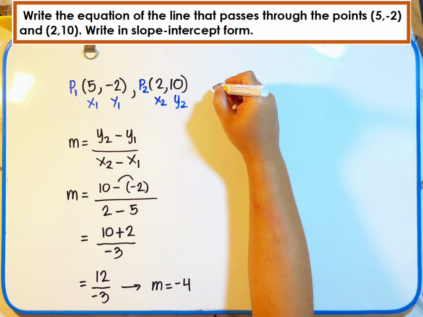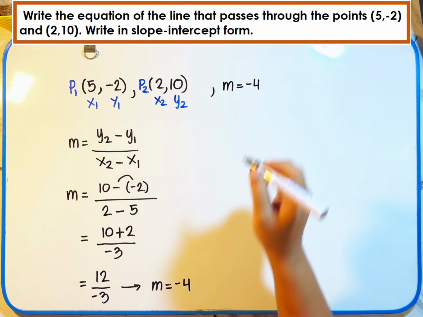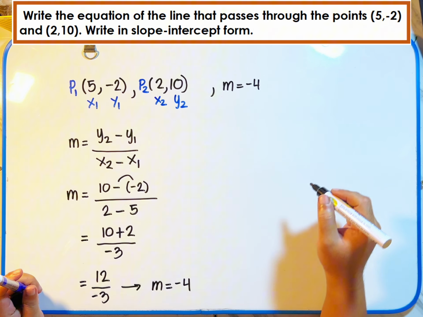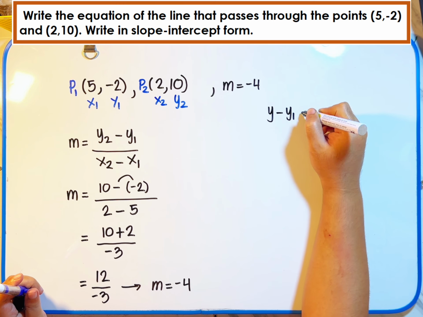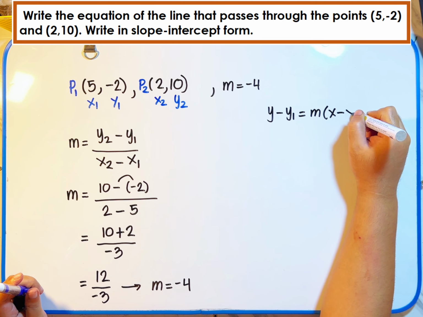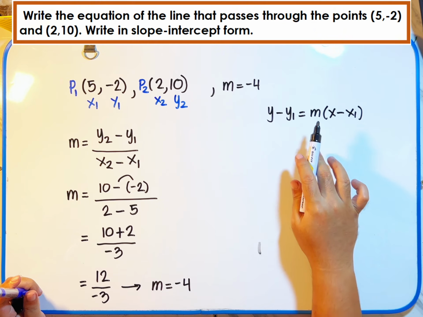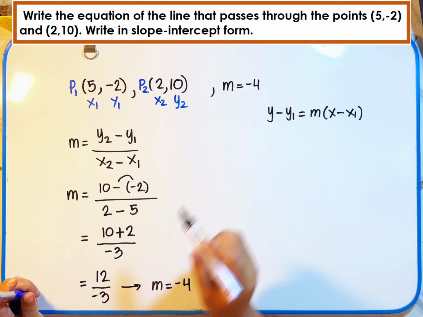Okay? So now we have the slope m, negative 4. And we can now solve for the equation of the line in slope-intercept form. So let me copy the point-slope form. y minus y sub 1 equals m times x minus x sub 1. All right. We already know the slope m, which is negative 4. How about x1, y1?